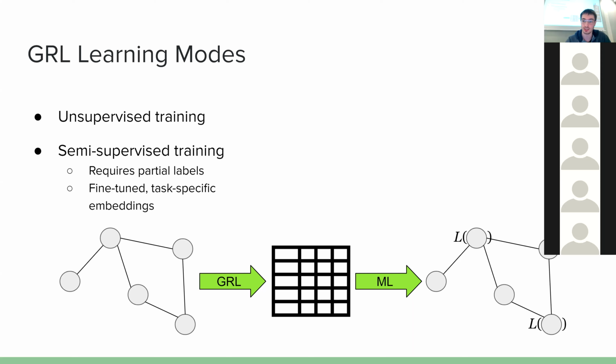If you want to get good results, your training set must represent all your classes in a good amount. Otherwise, your system will not learn those classes that are underrepresented. So yes, those nodes for which you do have the labels, you must have some nodes for each label. Otherwise, the system would not be able to understand what are the patterns that are behind each label. So in some sense, the same constraints that apply to standard machine learning also apply here, in the sense that you do need to have good representation of each class.